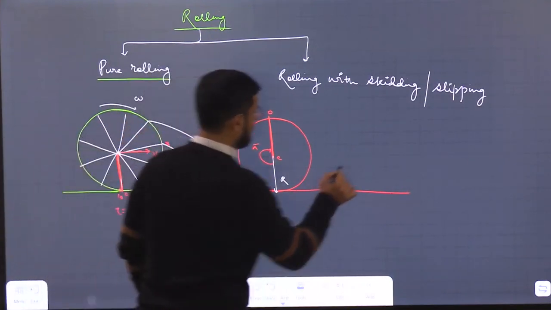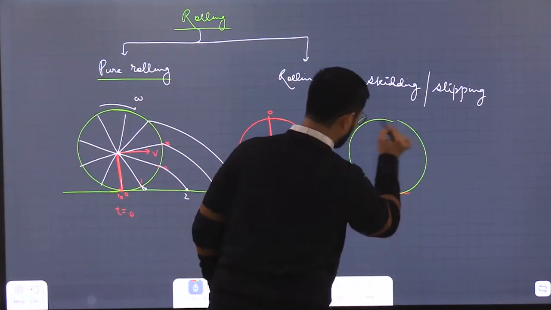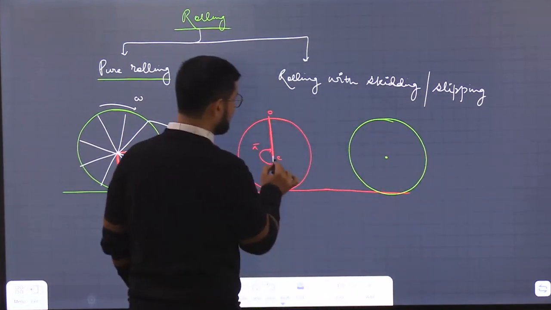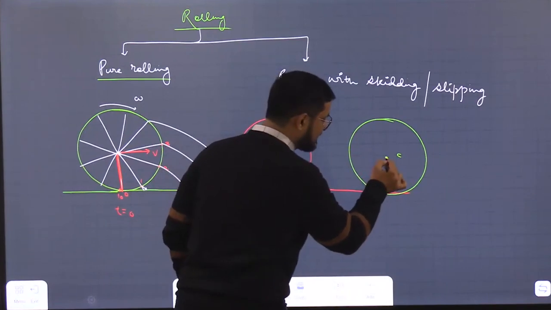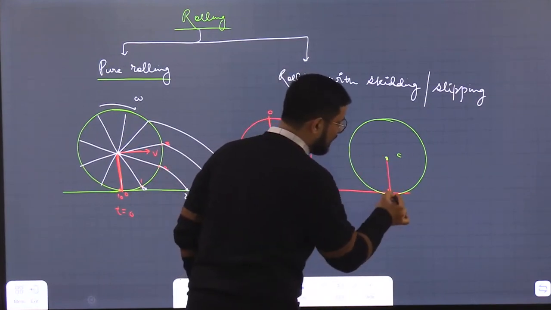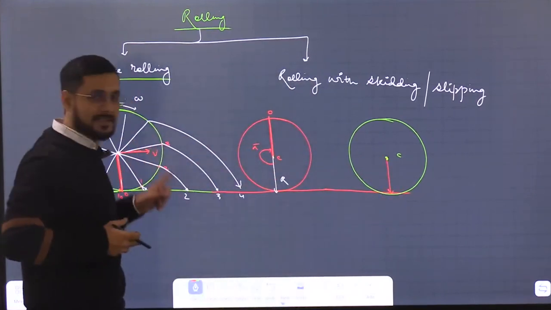Now, when the center of mass has reached this point, the wheel has completed one complete rotation about its axis.